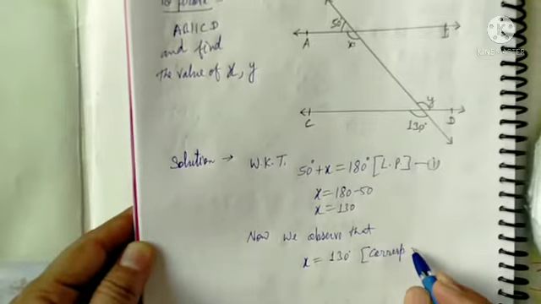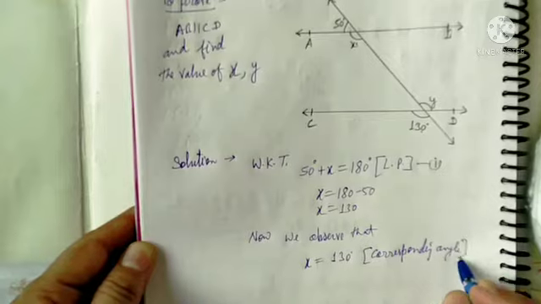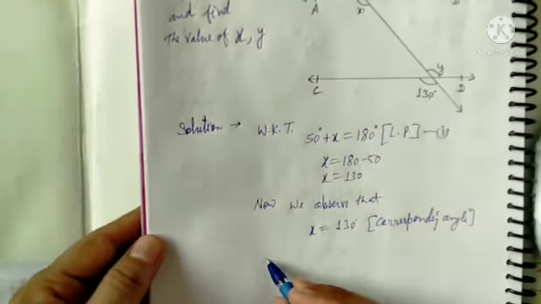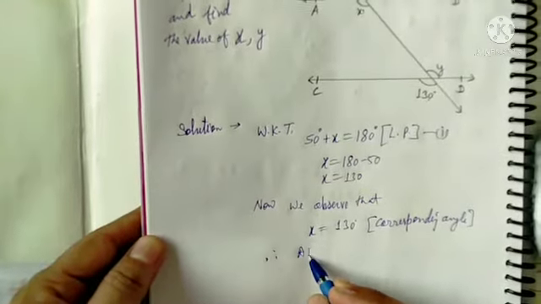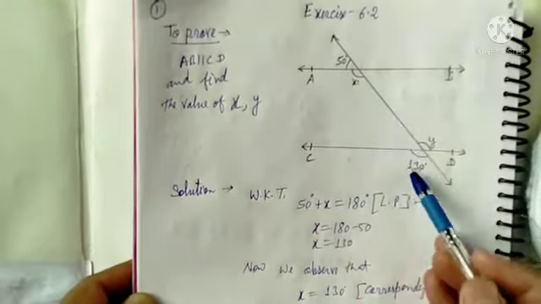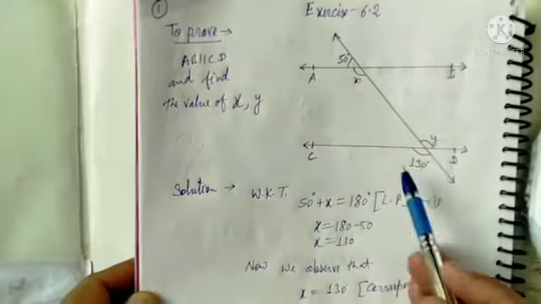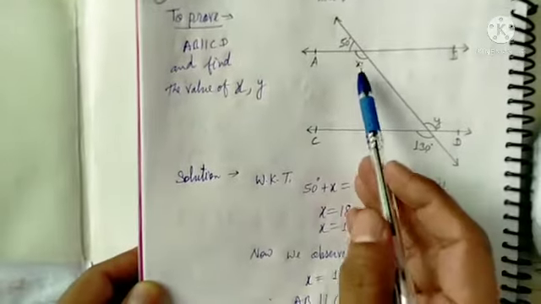Corresponding angles. They are showing the property of corresponding angles. Therefore, AB parallel to CD. It is proved that if these corresponding angles are equal, AB is parallel to CD.